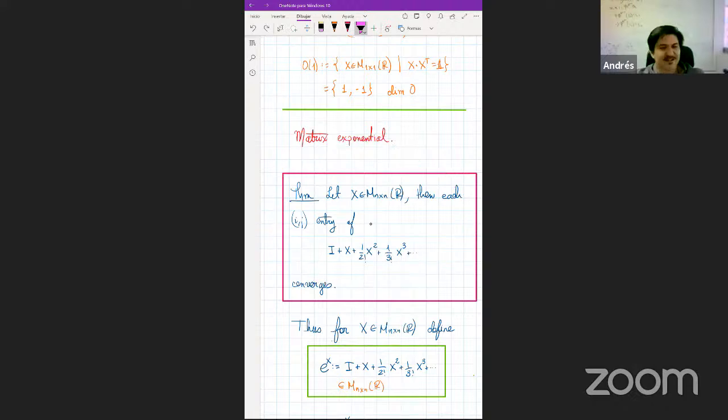Okay, so the good news, Salvador, is in the book, half a page, and you will see it. The whole idea is to study each entry, and then we'll give you some bounds, and so for each entry, the series is going to converge.